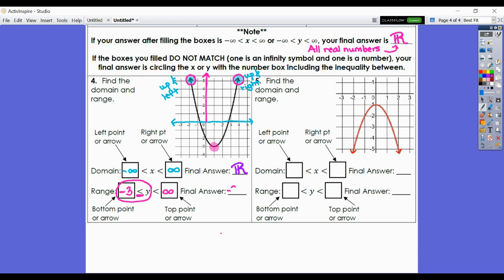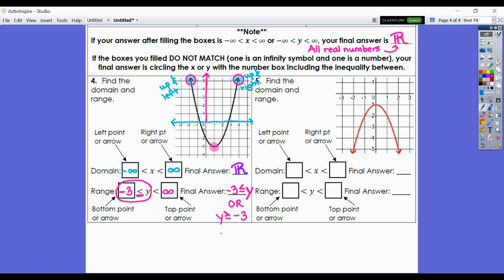So my final answer, I'm just going to copy and paste that over here, is negative 3 is less than or equal to y. Sometimes you might see it as y is greater than or equal to negative 3. Notice that both times the alligator that you were taught back in elementary school is still open to the y value.